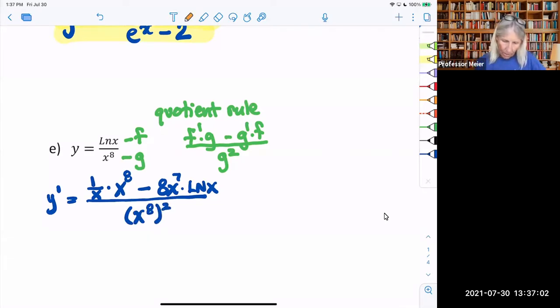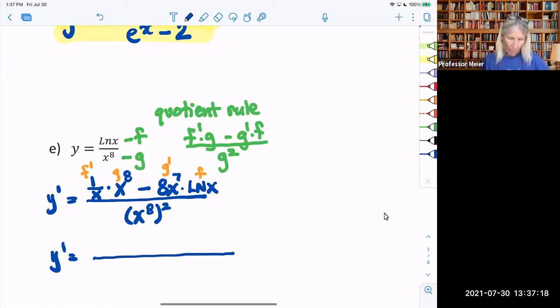Okay, so just to help you here, this is the f prime here. This was my g, this was my g prime, and this was my f as I did it. Okay, let's do some cleaning up. So 1 over x multiplied by x to the 8th, right? So doing this part right here, we can cross cancel an x.